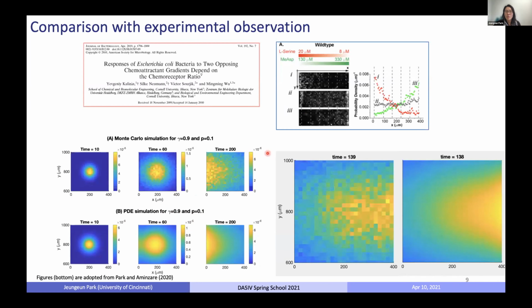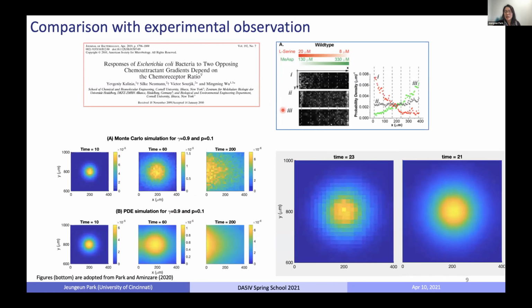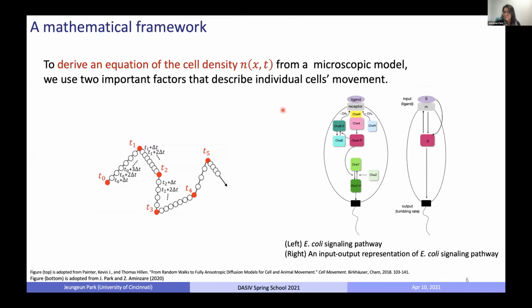Furthermore, when we compared our result with the experimental result, we found that they agree very well qualitatively, but we can improve further. One thing is the internal dynamics: these days many researchers try to improve this part.